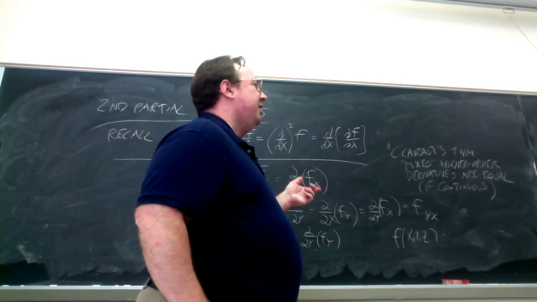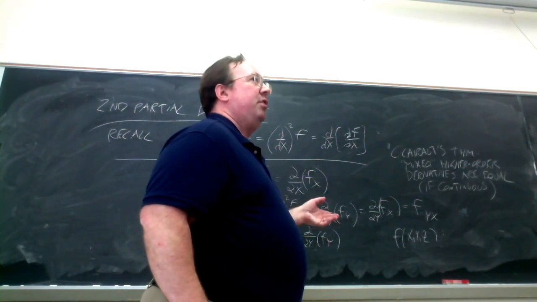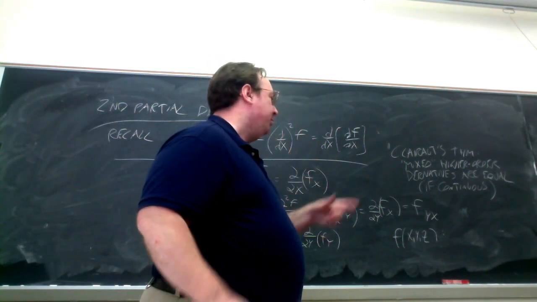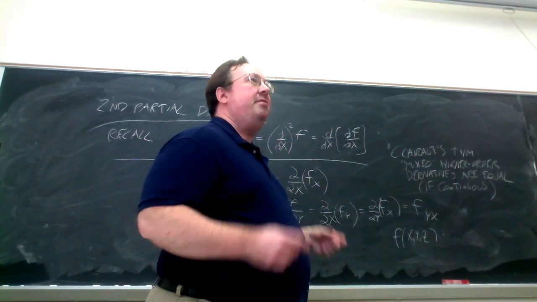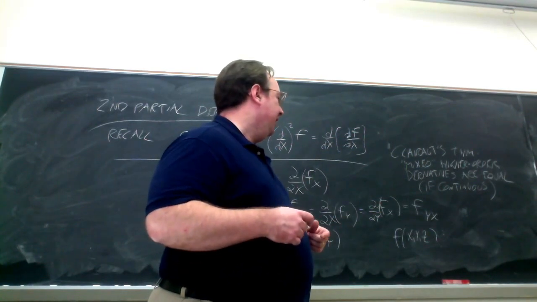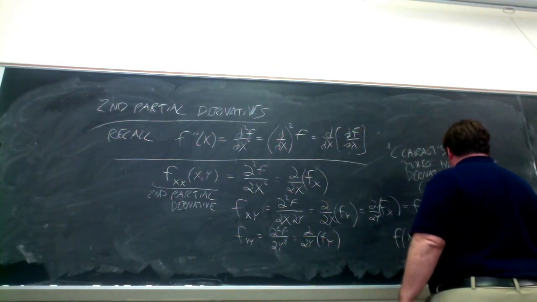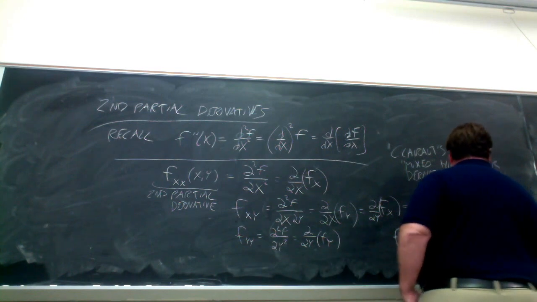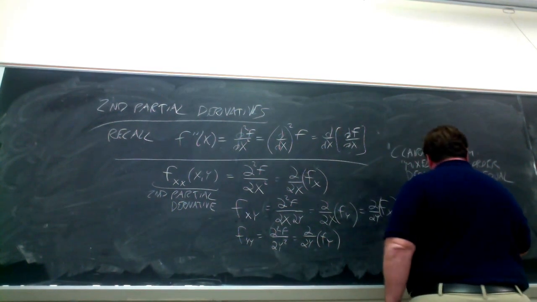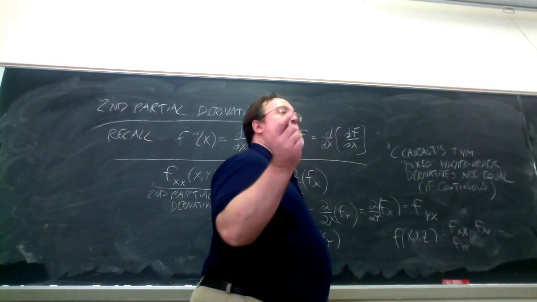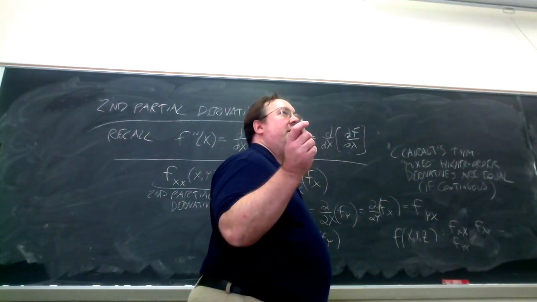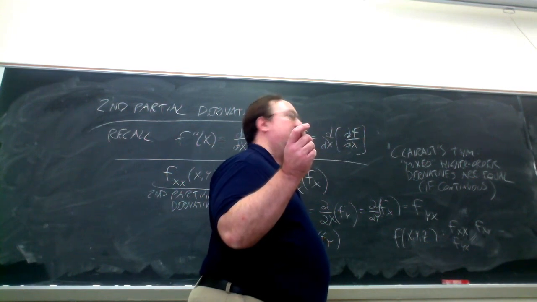So let's see how many distinct second partial derivatives there would be. What would be some partial derivatives I should have? fxx, fxy, and so on. Yeah, so I'll put fxx right here, and then I'll put fxy here, but that's the same as fyx, so these two are equal. What else do we have for combinations?